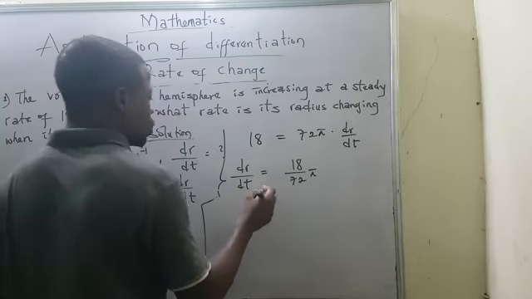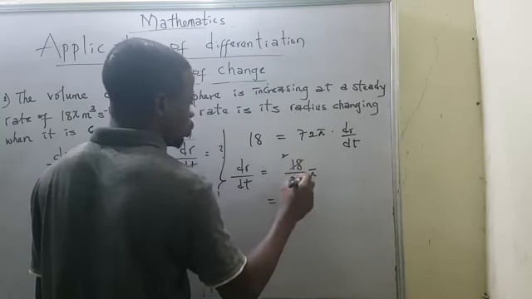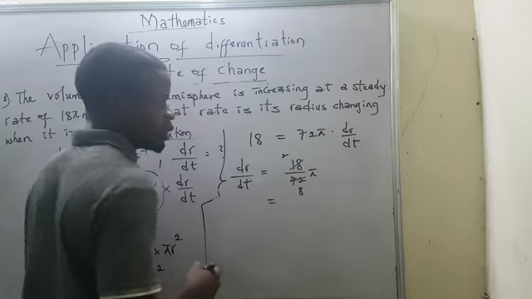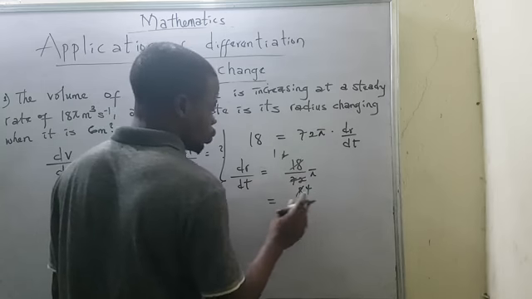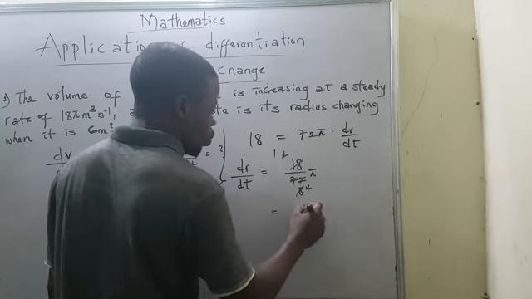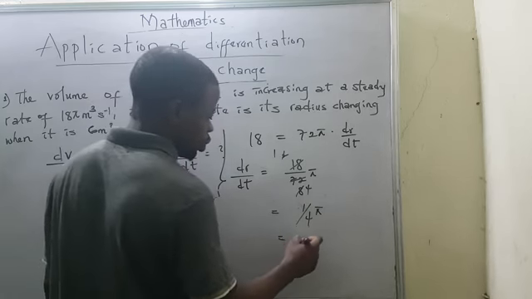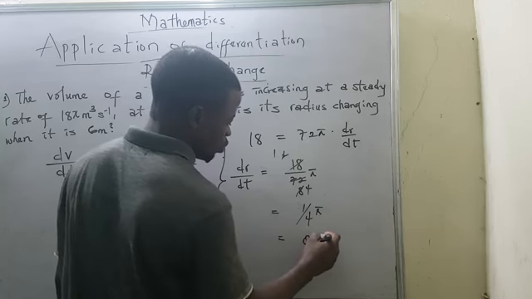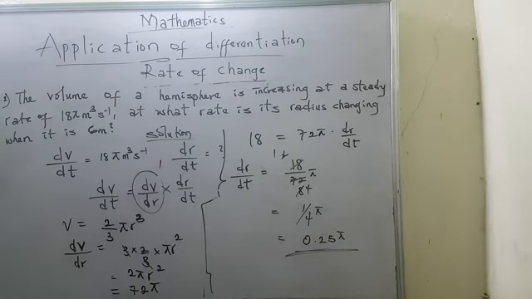You get? 9 here 2, 9 here 8, 2 here 1, 2 here 4. So that becomes 1 over 4 pi, and that is like 0.25 pi in decimal. You get the answer, and you are done.